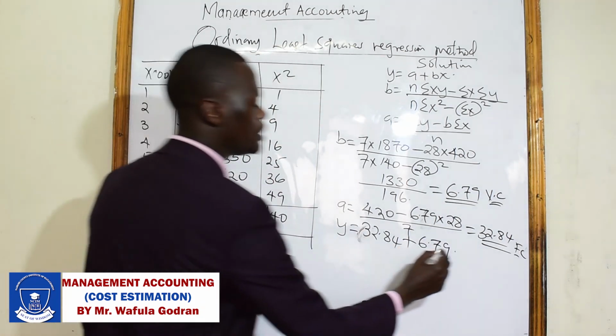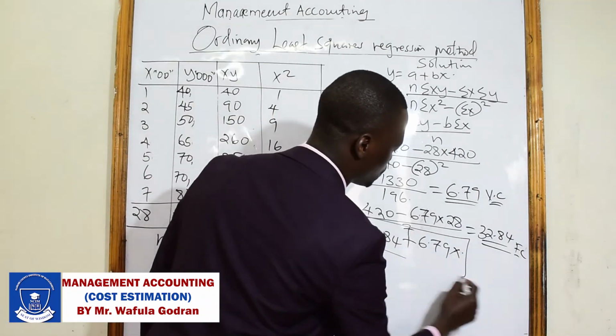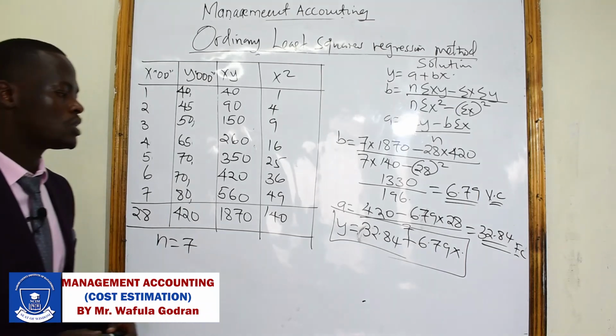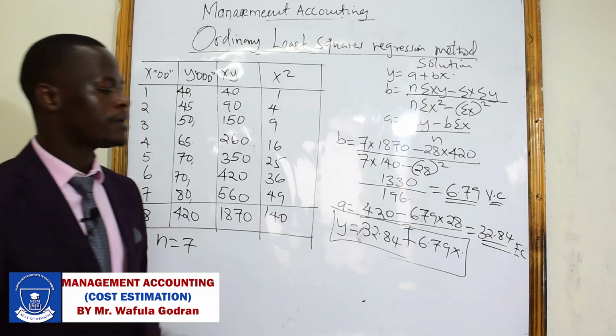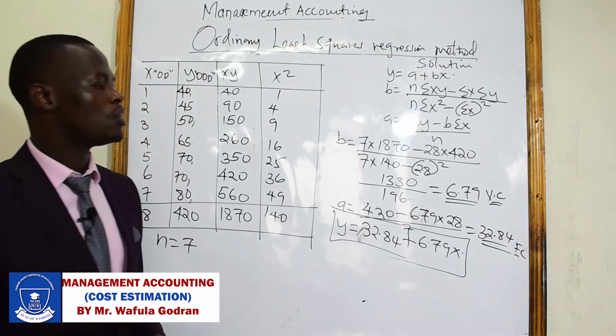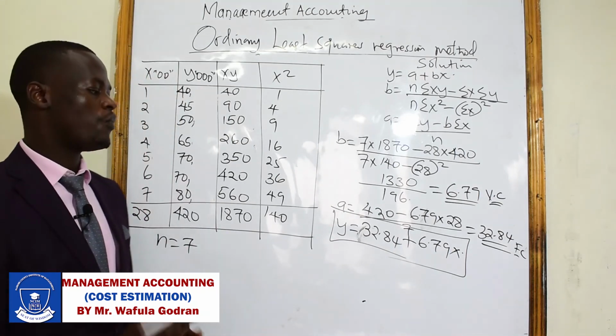So you can see that is exactly what we have. So if they asked us to get the equation, it will be y is equal to 32.84 plus 6.79x. Now that equation can be used to predict or to estimate the cost of producing any number of units.